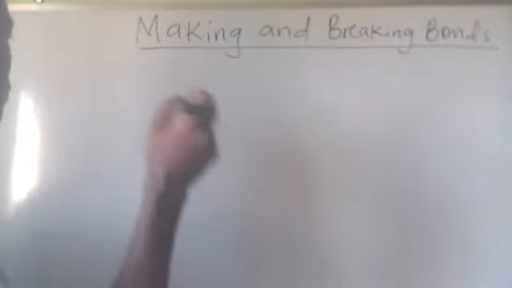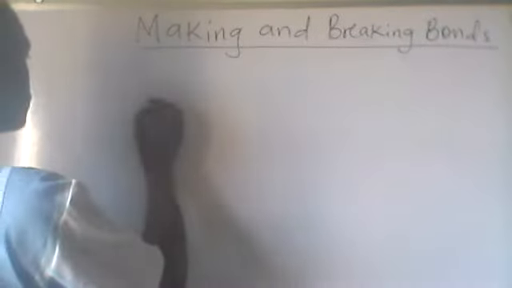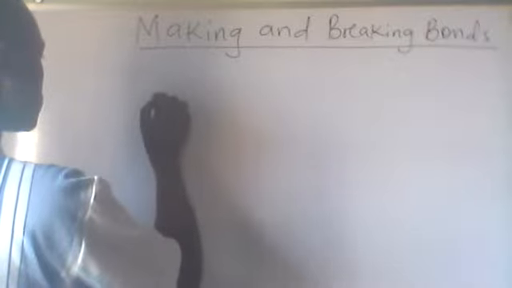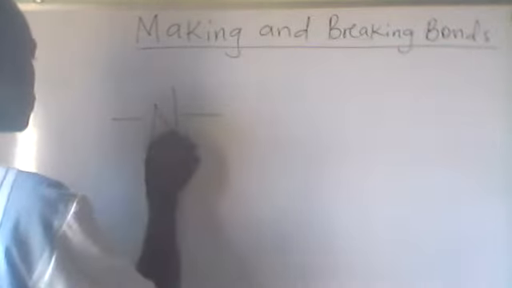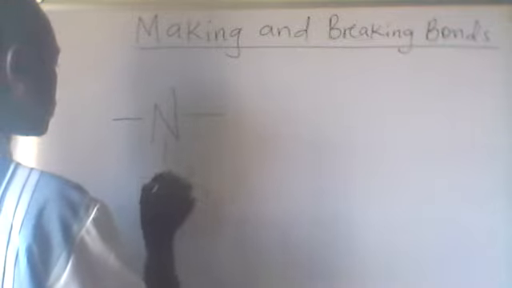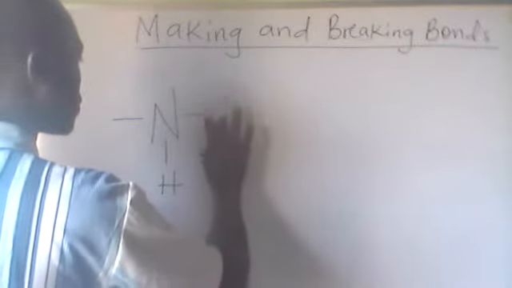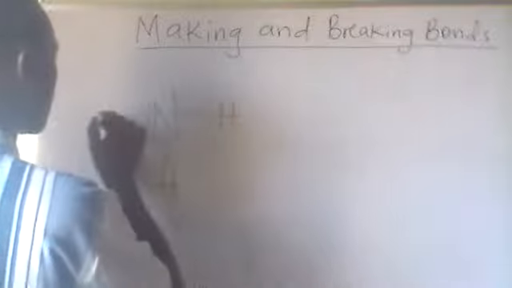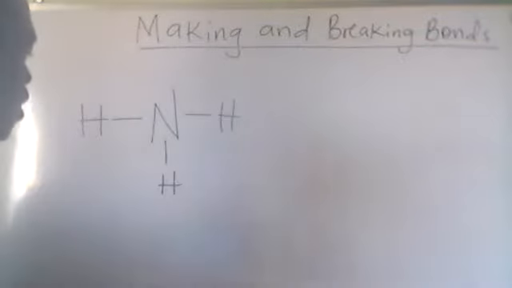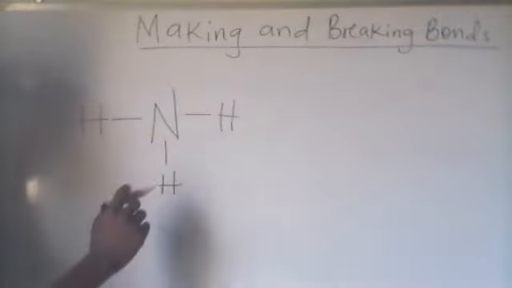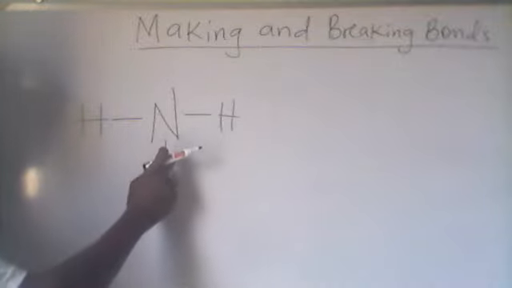Okay, we are going to use ammonia for example. This is nitrogen. Three hydrogen. So you discover that I have 3 bonds here.